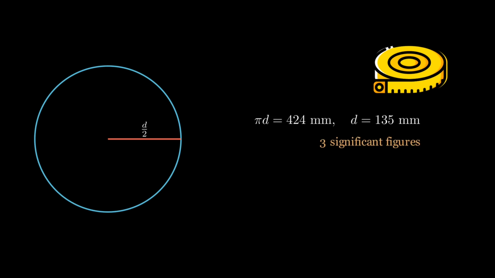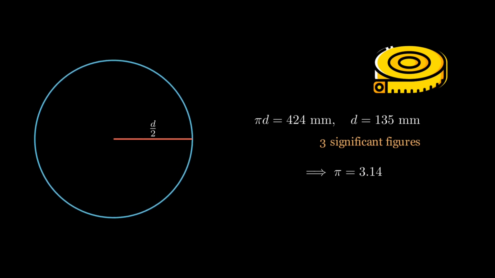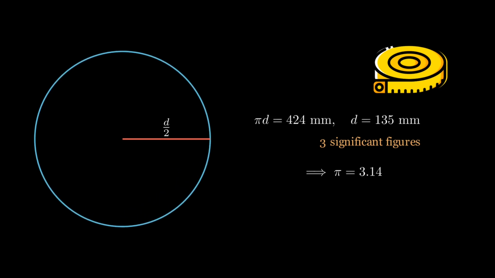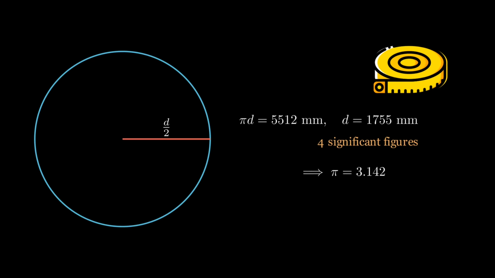For example, if a millimeter tape has been used to obtain these measurements, and you have something like 424 millimeters over 135 millimeters, you'd be working with 3 significant figures, thus obtaining 3.14070741, which you round off to 3.14. For a larger circle, where you measure 5512 millimeters over 1755 millimeters, you'd end up with 4 significant figures, giving you 3.142 and so on.